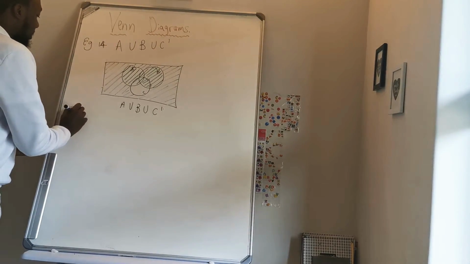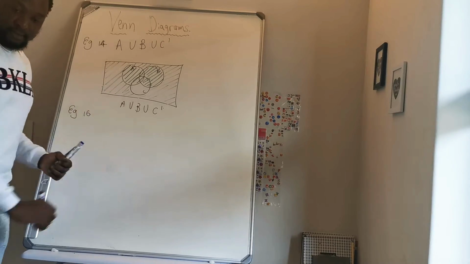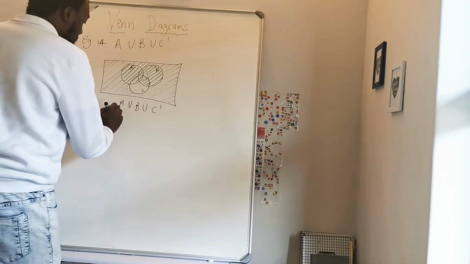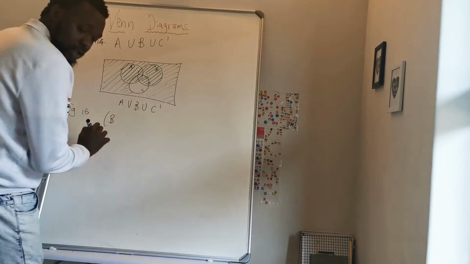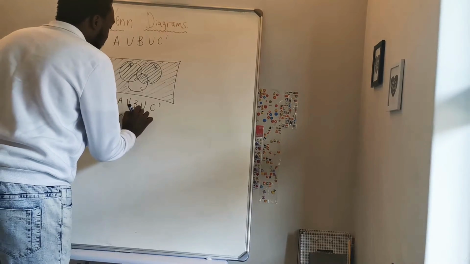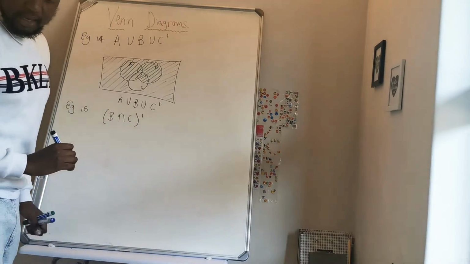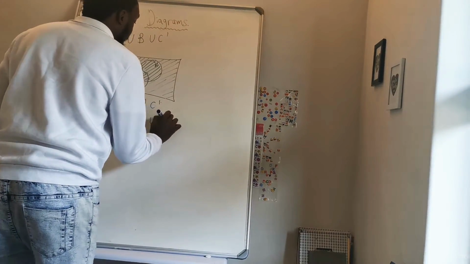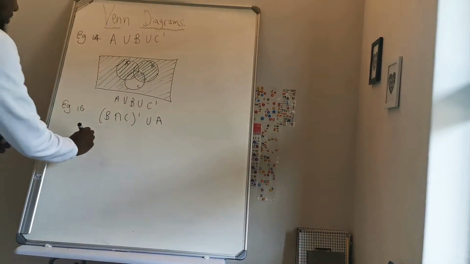Let's do number 16. Number 16, we're asked to draw the complement of B intersecting C, union with A. So how do we do this?